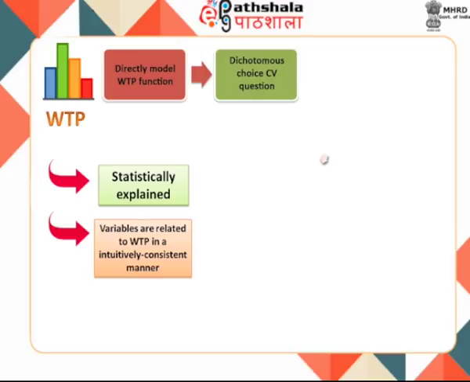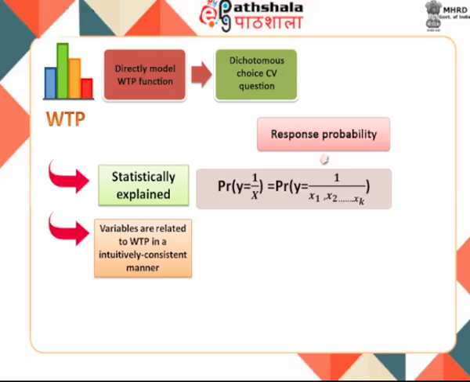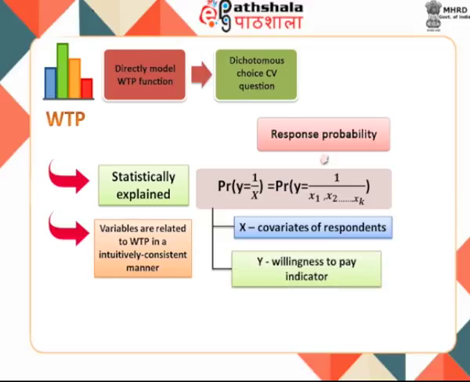The interest in such binary response models arises primarily because the response probability is given by PR(y=1|x) = PR(y=1|x1, x2, ..., xk), where x denotes the full set of explanatory variables, that is the covariates of respondents in this study, and y is the willingness to pay indicator which takes value 1 if the respondent's choice is yes to the referendum question and 0 otherwise.